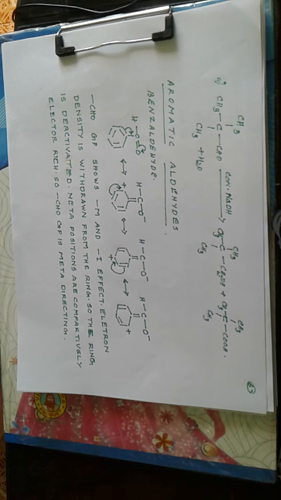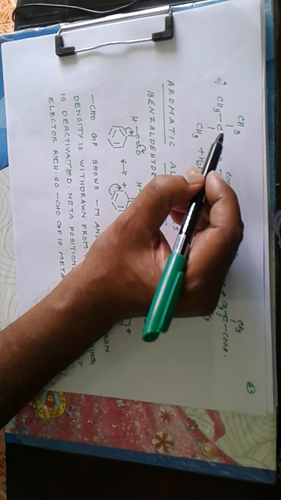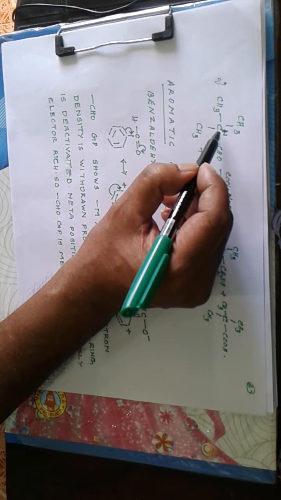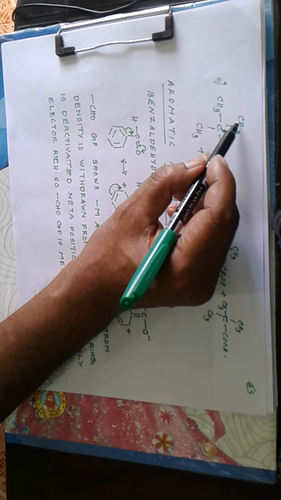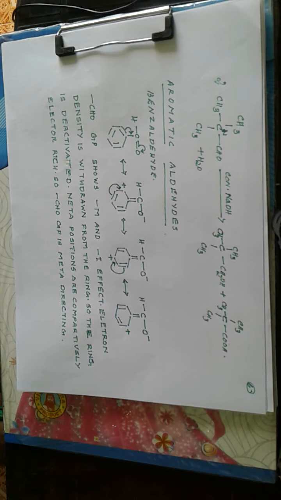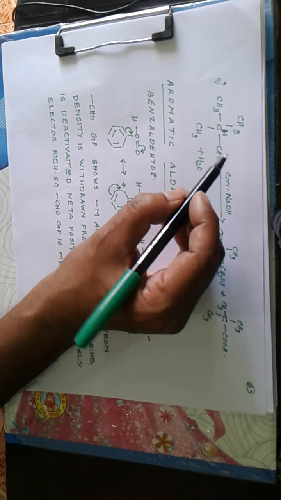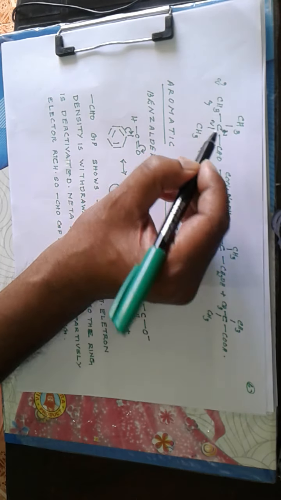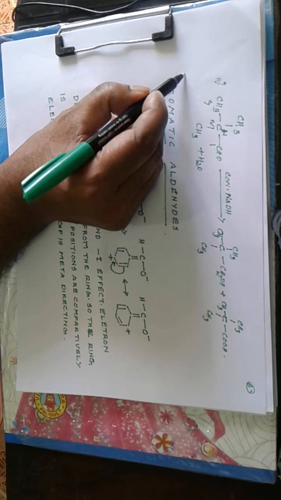Then another example where there is an alpha carbon, but there is no alpha hydrogen here, because to this carbon a carbon is directly bonded, so there is no alpha hydrogen in this case. Two molecules of this compound, and it may be named as 2,2-dimethyl propionaldehyde.